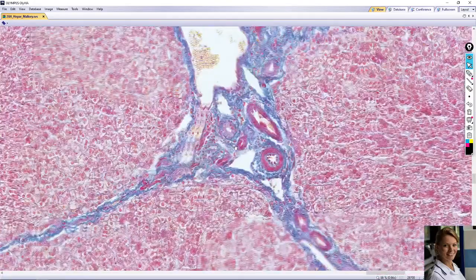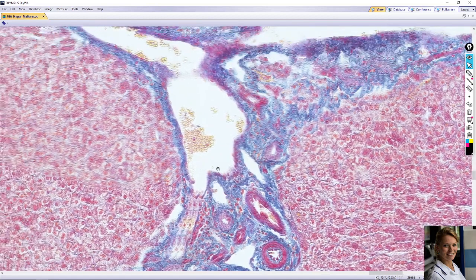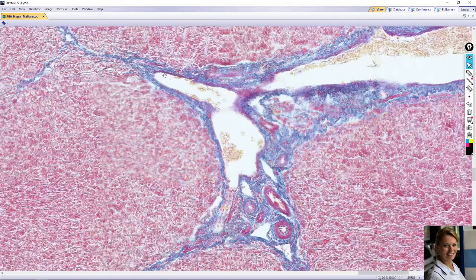Also, here a branch of the hepatic artery, bile duct, and branch of the portal vein here and here.